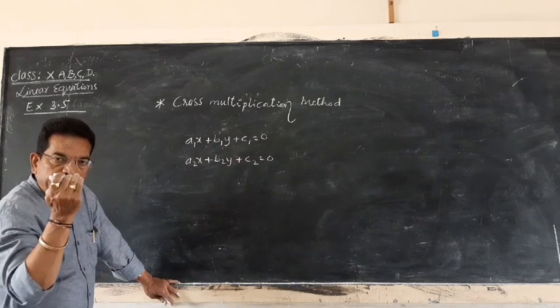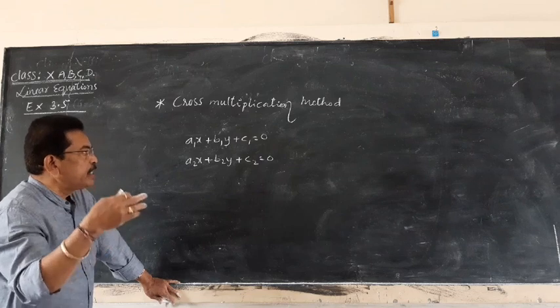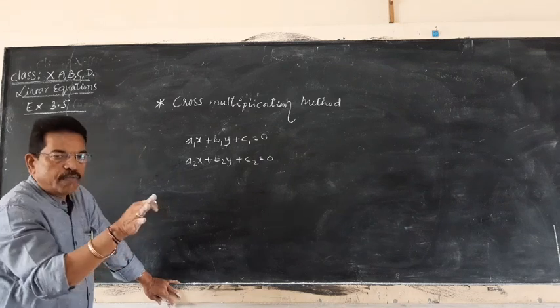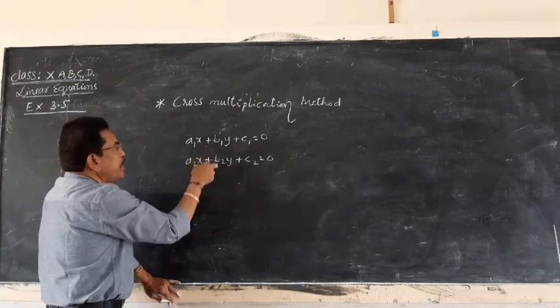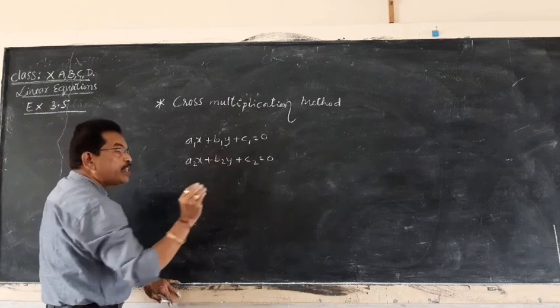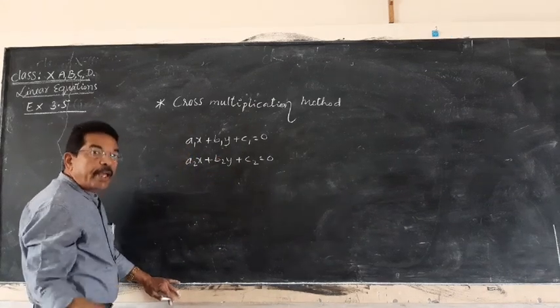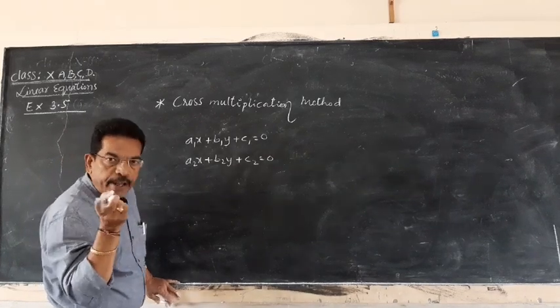We compare the ratios of the coefficients of x, the coefficients of y, and the constant terms. a1 and a2 are the coefficients of x, b1 and b2 are the coefficients of y, c1 and c2 are the constants in this pair of linear equations in 2 variables.